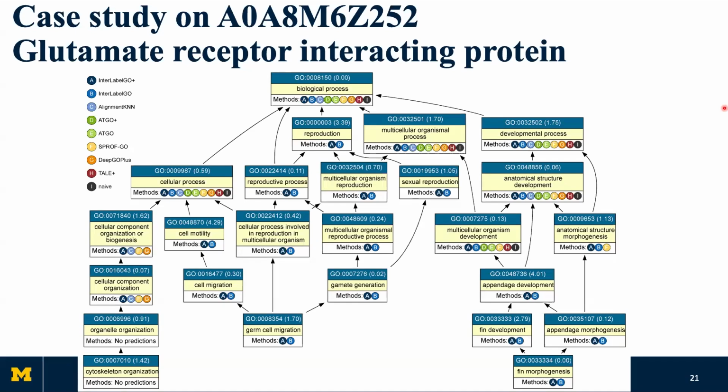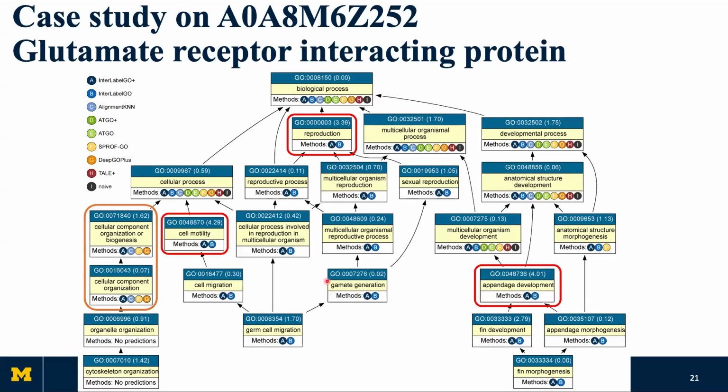All methods that correctly predict each skeleton are listed below with their icon. Here we can see that incorporating the information accretion weighting enables InterLabelGO to predict skeletons with high information accretion value, which other methods fail to predict.